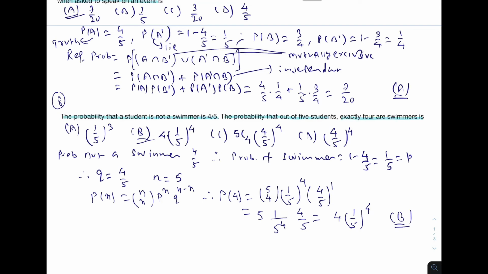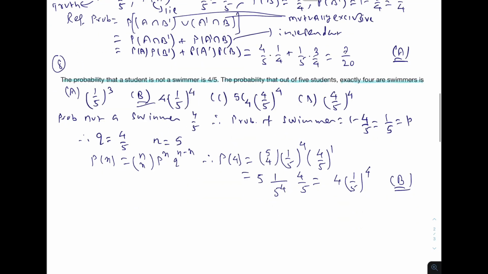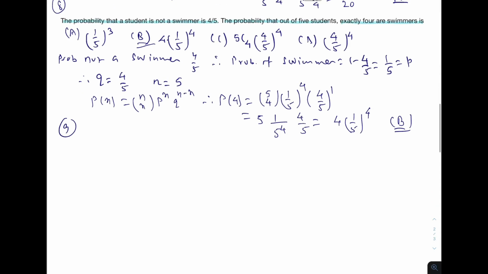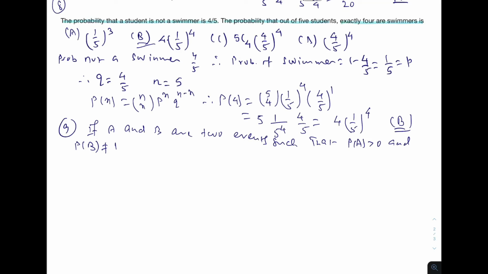Next, let us see. If A and B are two events such that P of A is greater than 0 and P of B is not equal to 1, then P of A given B dash is blank.